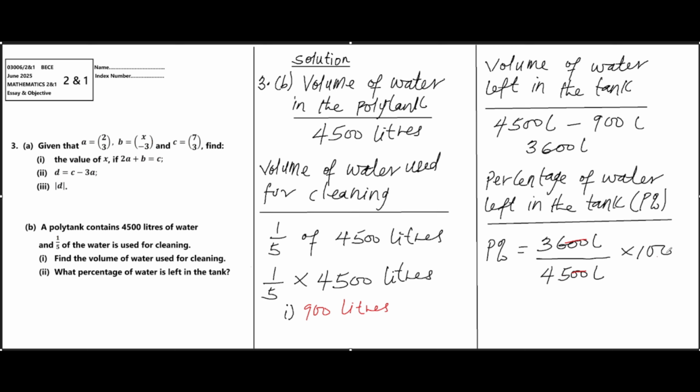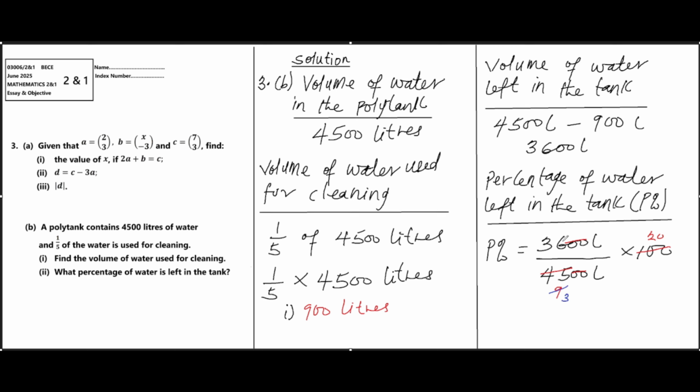That is 5 goes into 100, that is 20. 5 goes into 45, we have 9. We can still divide. We can also go by 3. 3 goes into 9, that is 3.